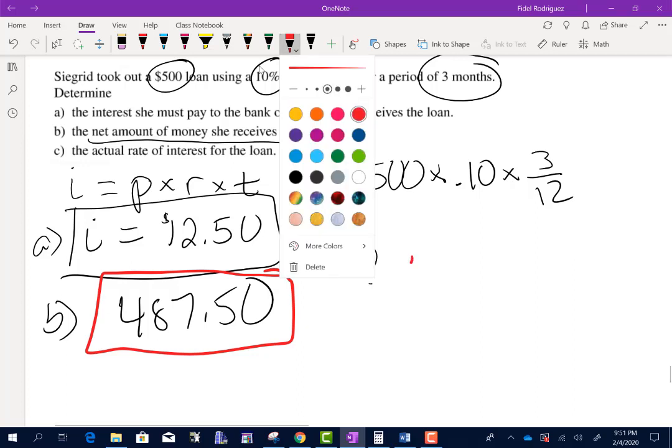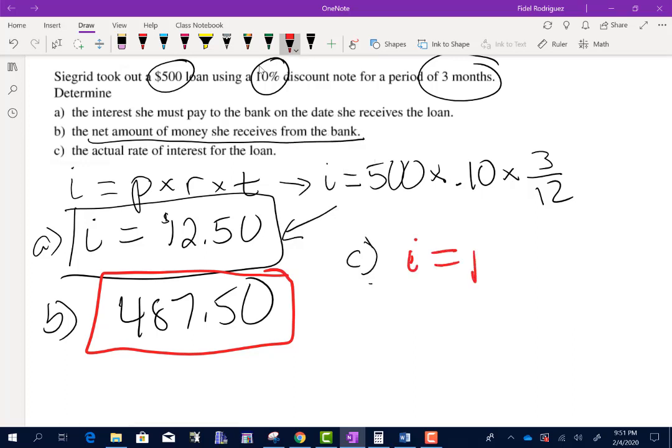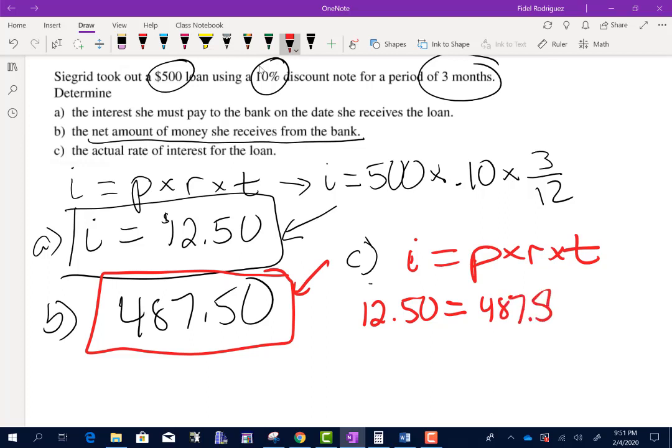So using I equals P times R times T, we're paying $12.50, but the amount of money we're actually getting is not $500, it's really $487.50. We don't know what the interest rate is. I know it's close to 10%, but it's not exact. My time is still going to be the 3 out of the 12 months.